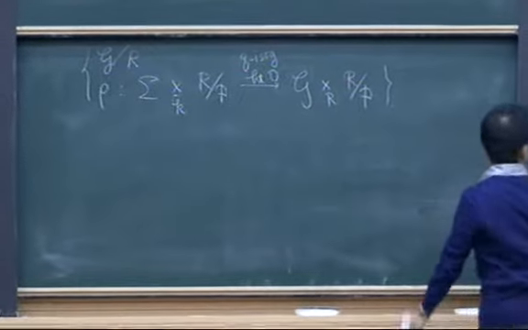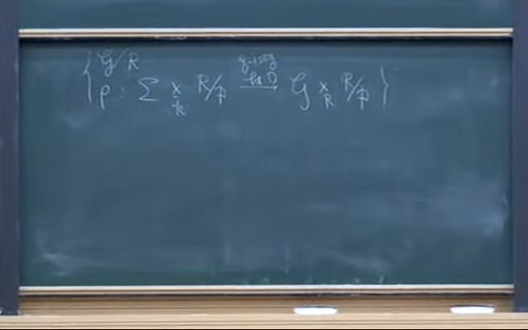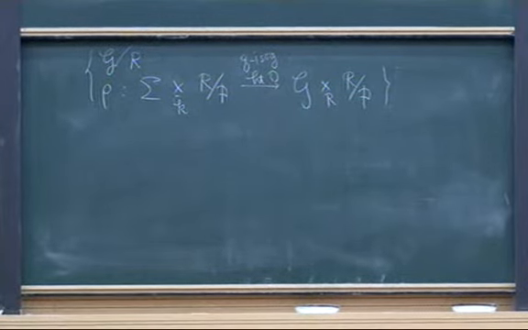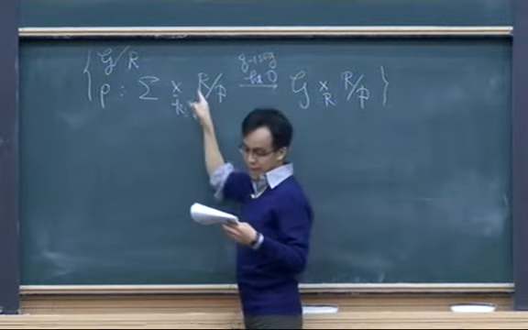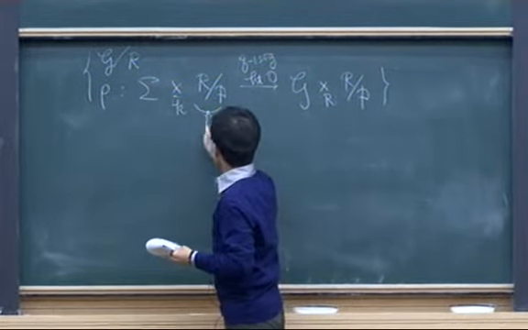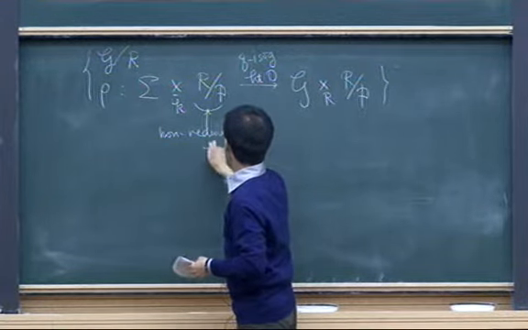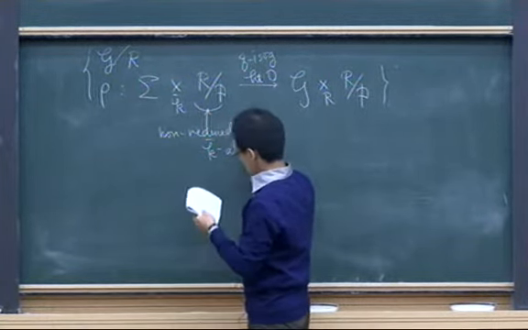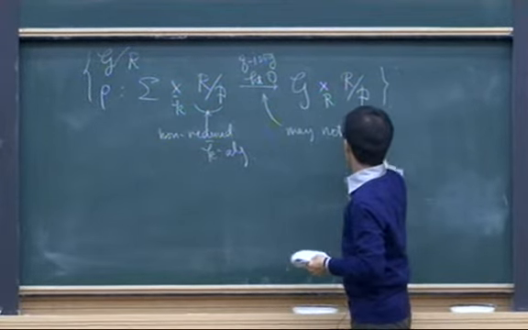I remarked over here that over k bar, quasi-isogenies and isomorphisms are the same thing. Now, this ring R is a non-reduced k bar algebra, which means that this may not be an isomorphism.